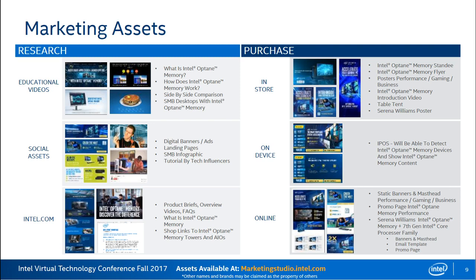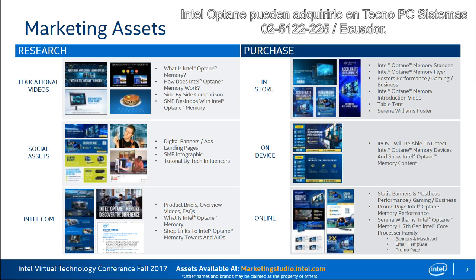And finally, online, we have a variety of static banners available, promo pages, and our new Intel Optane memory brand ambassador, Serena Williams, plus 7th gen Intel Core processor family campaign. For this campaign, we have specific content added, such as our banners and masthead, email templates, and promo pages.